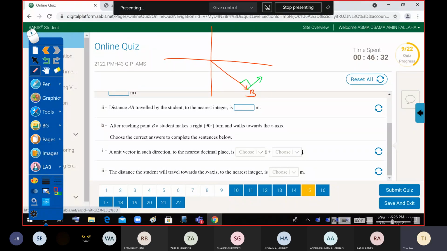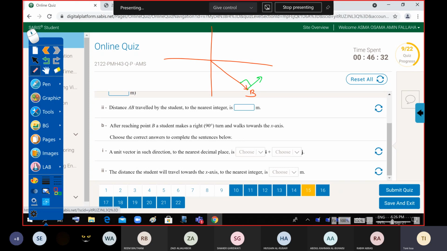Okay, they want you to find a unit vector in that direction. How can we find a unit vector in that direction? Okay, over here, you need to do the following. This is the fastest method, I think. You know this vector.